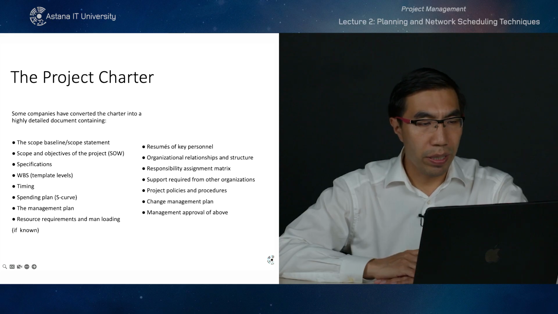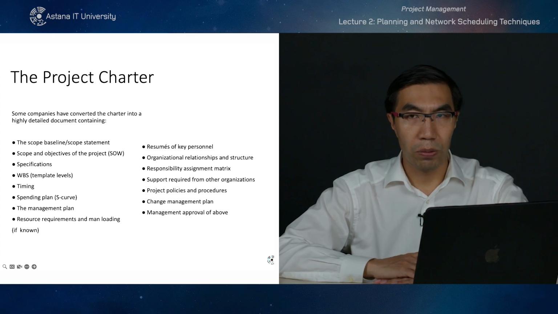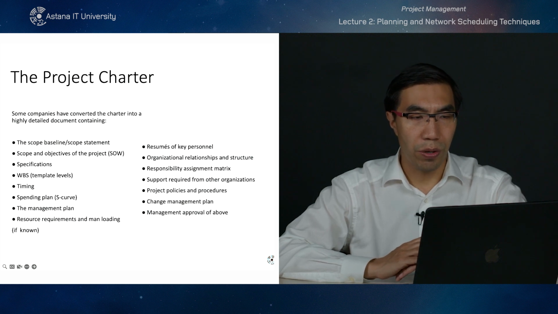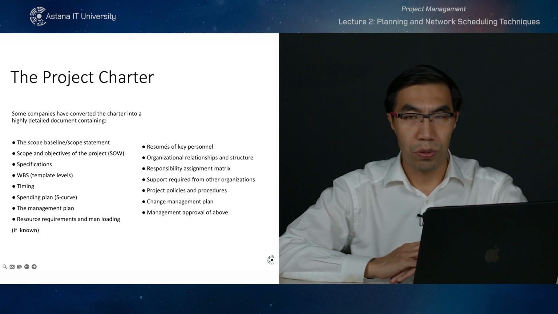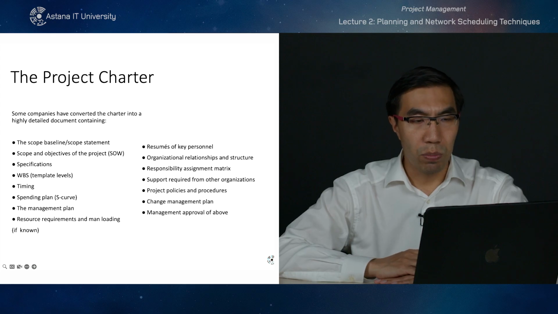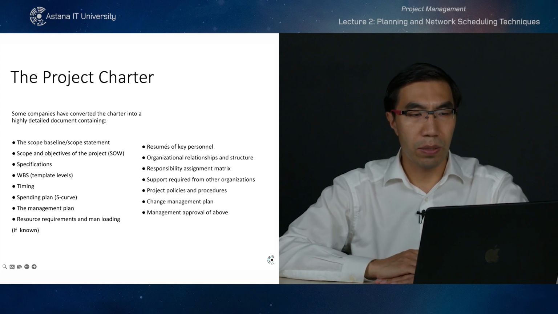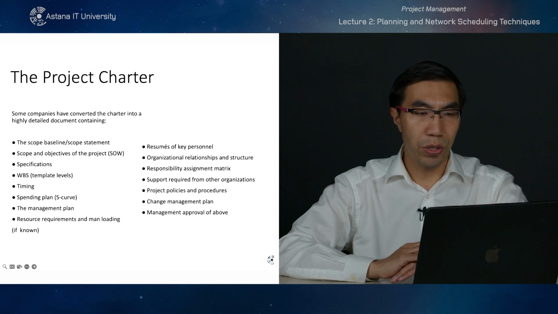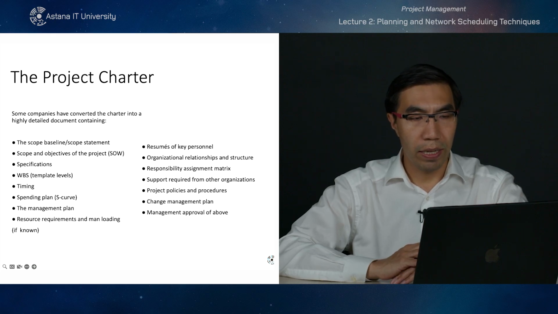Then the management plan, resource requirements and manpower loading, yes, if known by that time. Resumes of key personnel, organizational relationships and structure, responsibility assignment matrix, yes, who is responsible for what, who should be informed, the RACI matrix. Then support required from other organizations, project policies and procedures, change management plan, and management approval of the above.